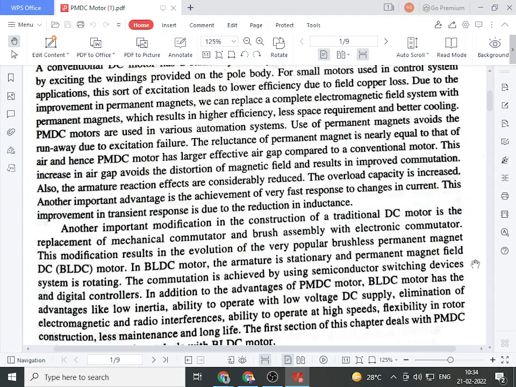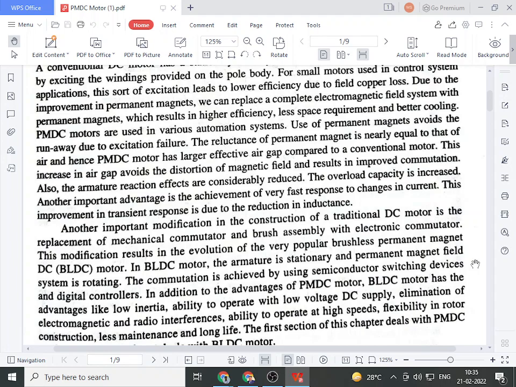When we talk about generating mode, the three important conditions are: first, there must be a field; second, there must be conductors; and third, there must be relative motion between the field and conductors. We can achieve this relative motion either by keeping the field stationary and rotating the armature, or the reverse, by keeping the armature stationary and rotating the field.